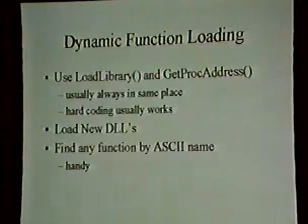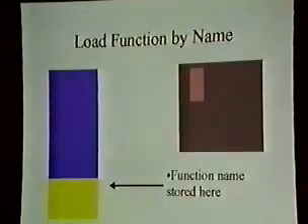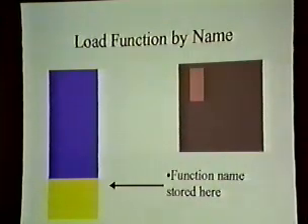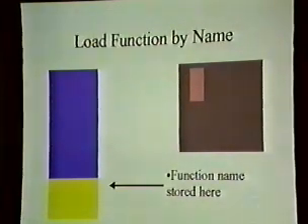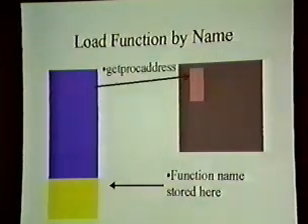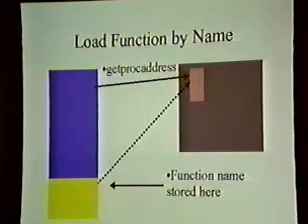There's plenty of DLLs on the system which do a lot for me. So I can store the function name down in the data portion. Let me find out what this slide is doing. Okay, get proc address is already loaded, so I call it, and I pass it the name of the new DLL that I want.